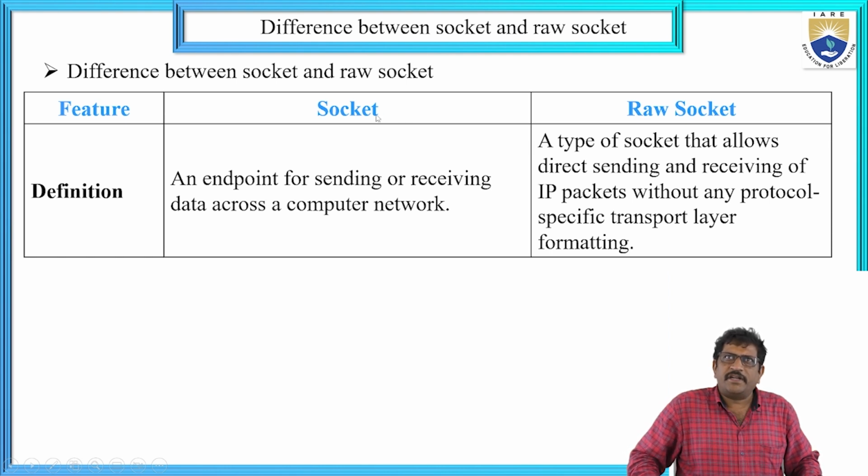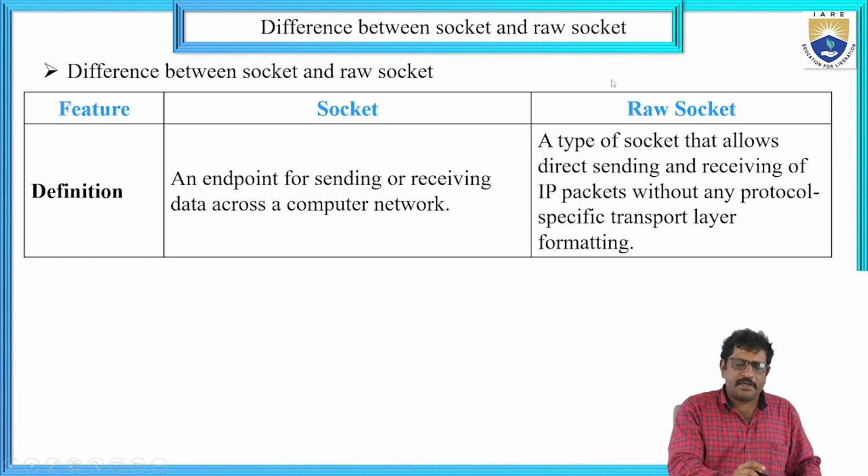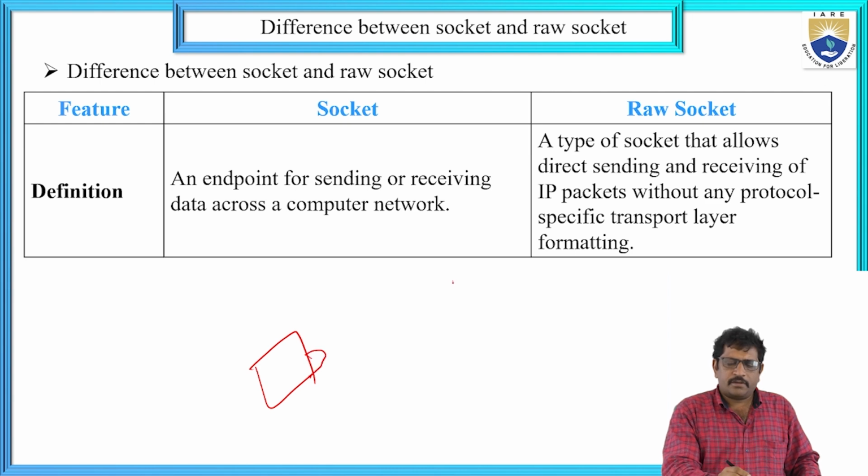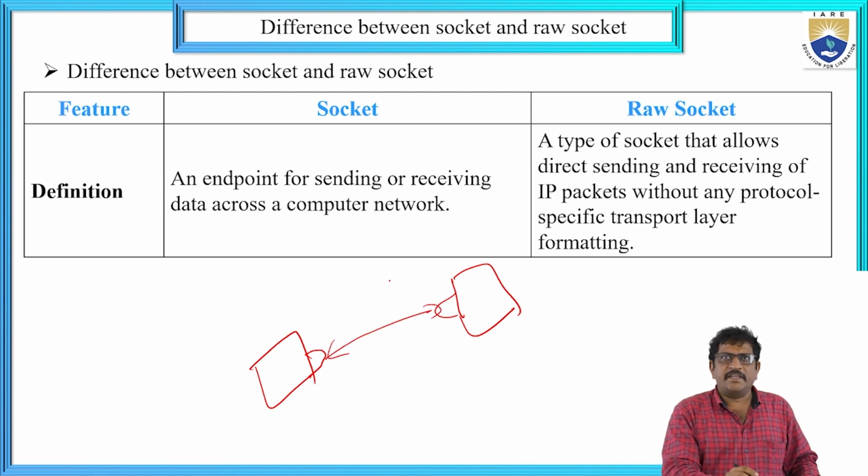A socket is generally used at the client side and the server side. At the client side we use a socket, and at the server side we also use a socket. These sockets are used for sending the data and receiving the data.